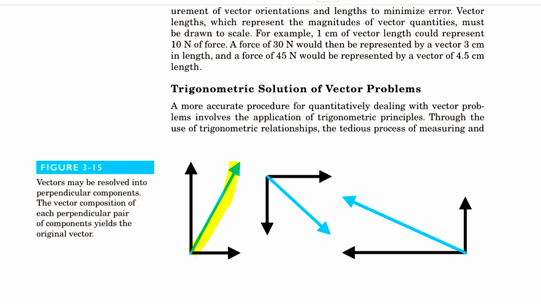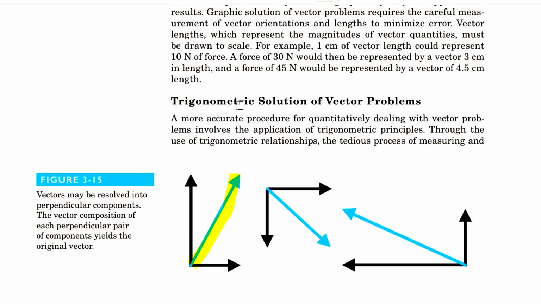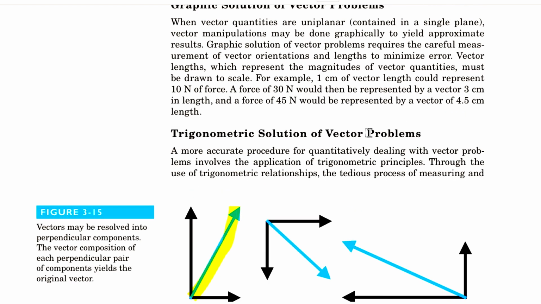As you know, we can graphically describe a vector through an arrow and an angle. The length shows the magnitude, and the arrow shows the direction in which the object is moving. But another method used is the trigonometric solution of vector problems. It gives you exact answers in a very easy way.